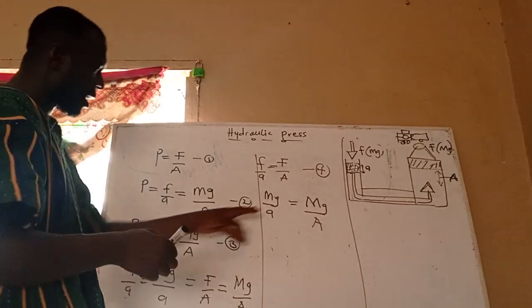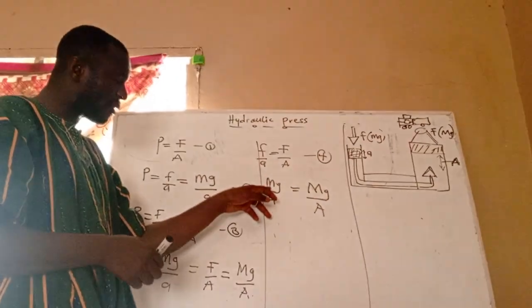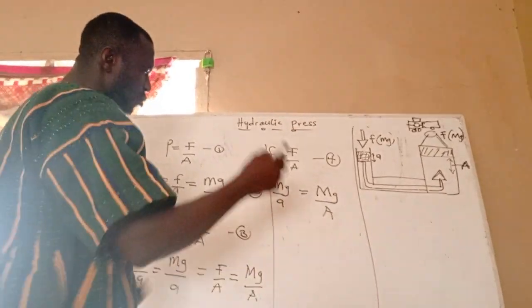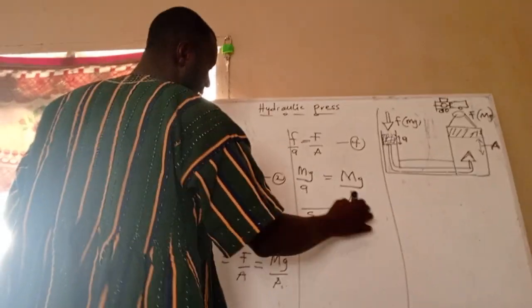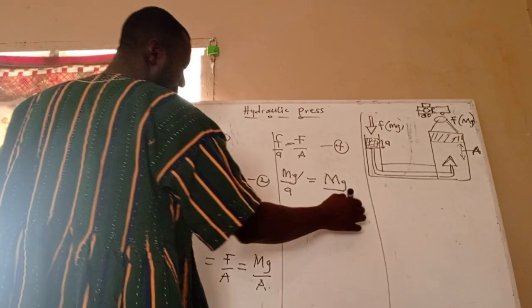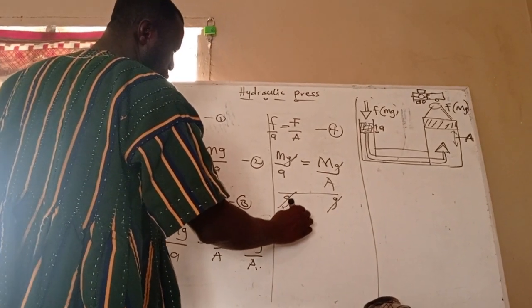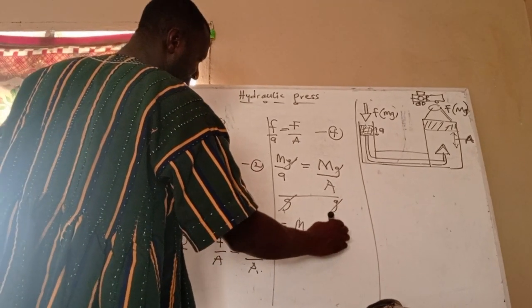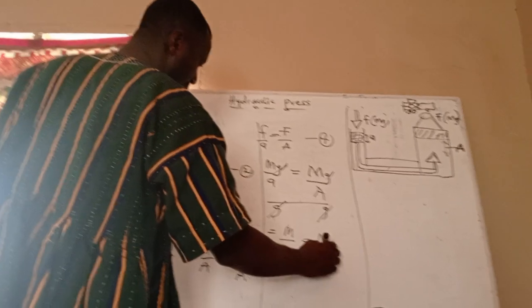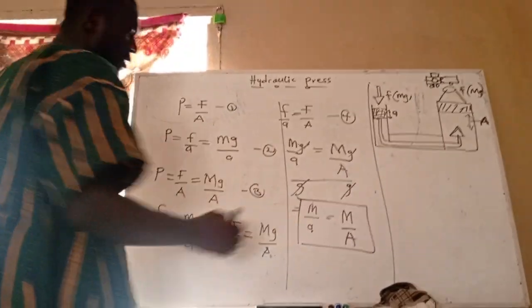Now, we can see that there are some common terms here, g and g, but this one is small m and that one is capital M. So we can divide both sides by g, and the g's will go away. From here, we have small m against small a, which is equal to capital M against capital A. We can also use this equation to solve.